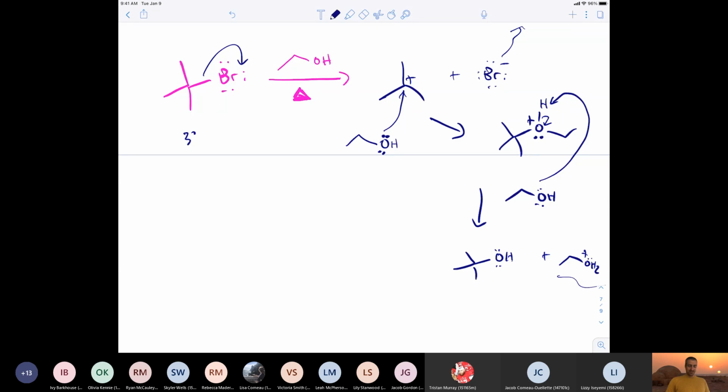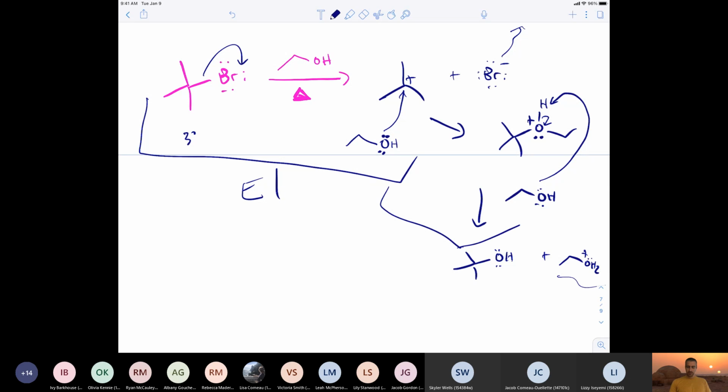All right. So this is E1. The E1 part has two steps. The first step is formation of the carbocation, loss of the leaving group. Second step is loss of a beta hydrogen.